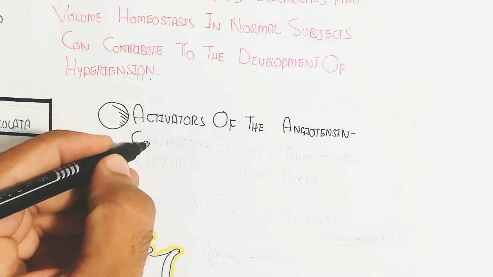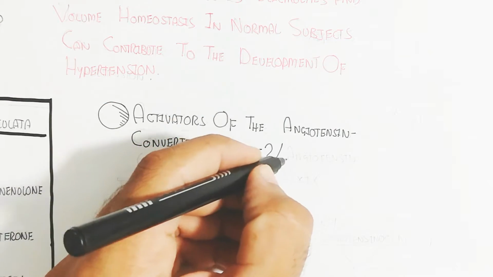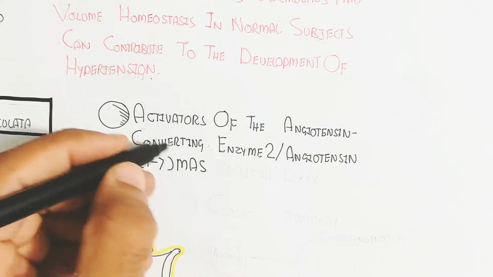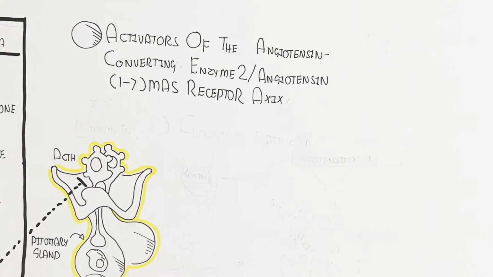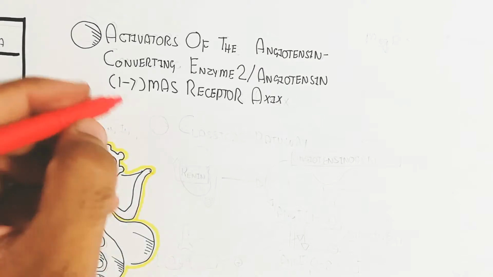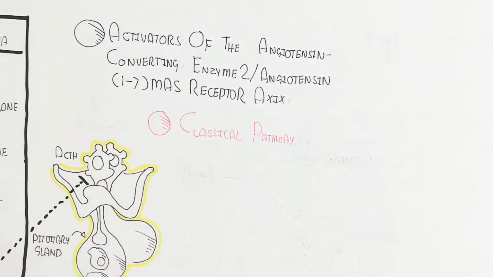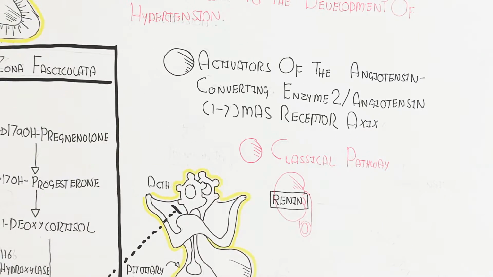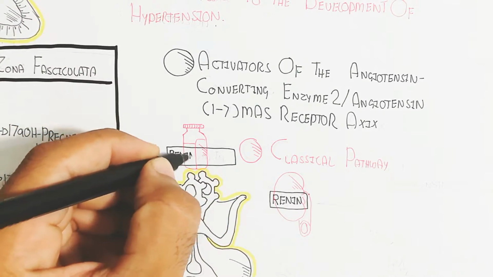So let's begin to understand another way, the activator of angiotensin converting enzyme 2, angiotensin 1 to 7, and the MAS receptor axis. Let's begin. This is the classical pathway. First we will discuss this, and next we will discuss the counter-regulatory RAS pathway.